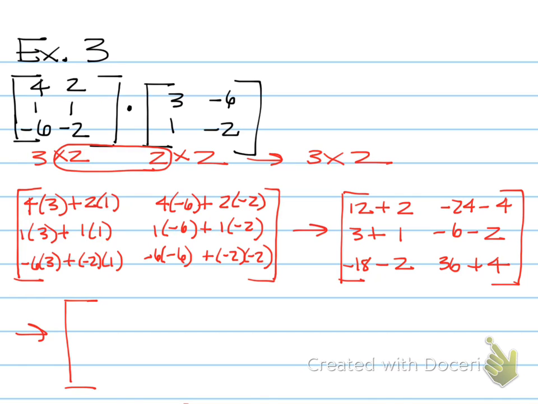All right, and then once we simplify those expressions, we get 14, negative 28, 4, negative 8, negative 20, and this element should actually be 40.